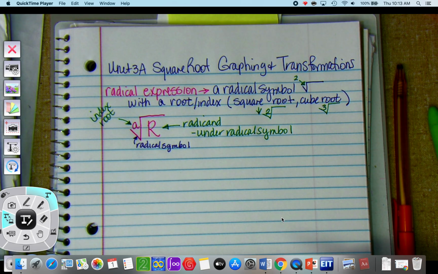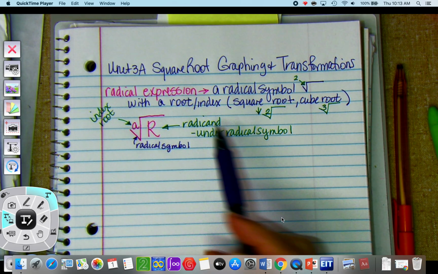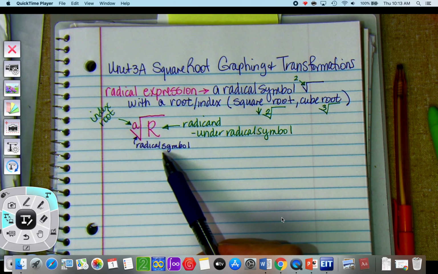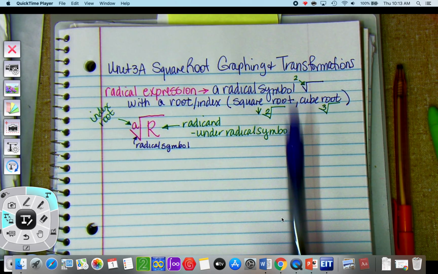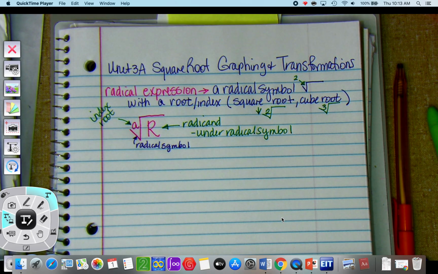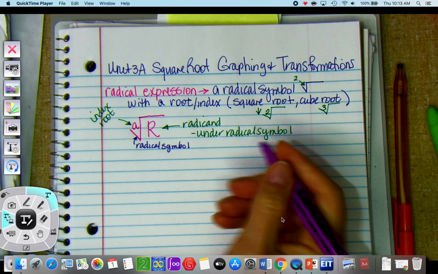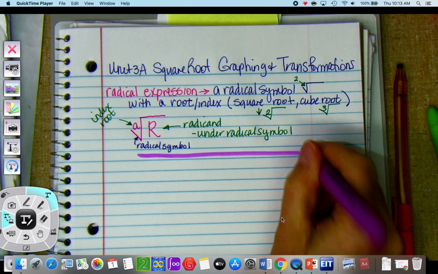Okay, in this case, let's start talking about first the parent function for a square root. We talked about parent functions when we did quadratic functions. For a quadratic function, the parent function is y is equal to x squared.